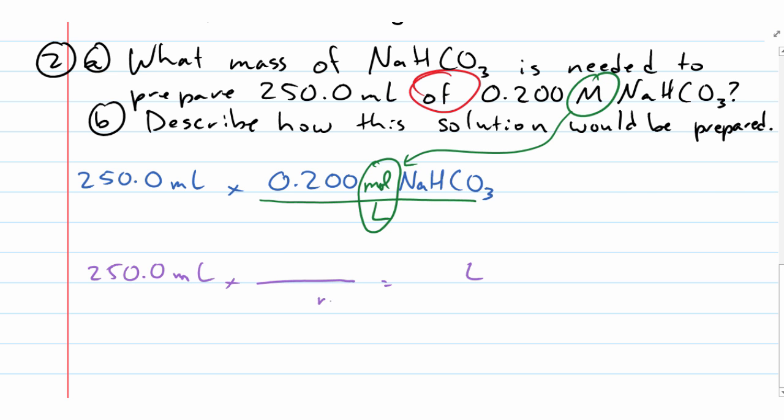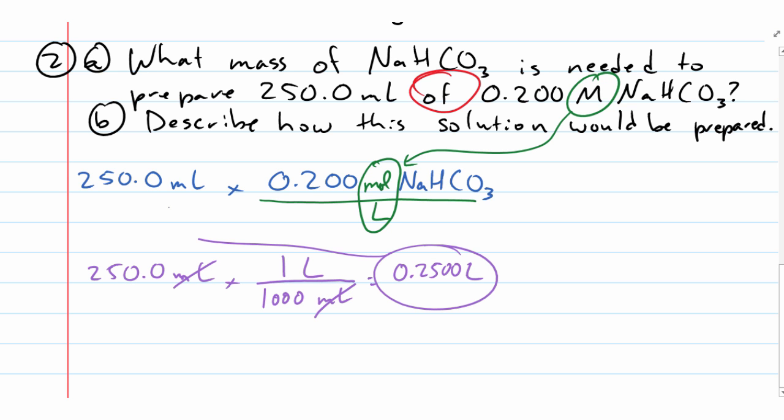We need to remember that for every 1 liter, we have 1,000 milliliters. And so milliliters are going to cancel out, and that's going to give us 0.2500 liters. And that then is what we can put up here, the 0.2500 liters.